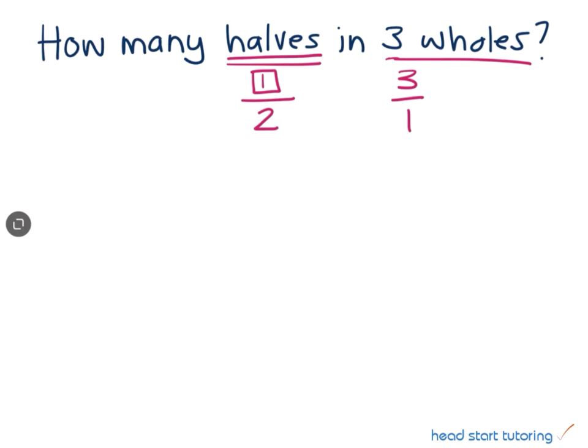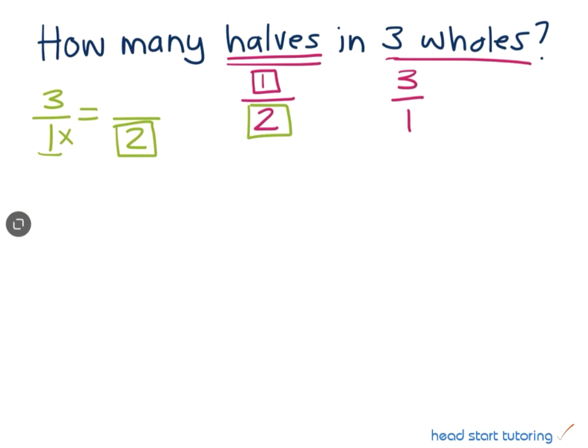So how many halves are there in 3 wholes? What we need to do is consider our 3 wholes, which is 3 over 1. And because we know a half is something out of 2, we just need to make an equivalent fraction, and that should be quite easy for us at this stage. When I'm making an equivalent fraction and I would like my denominator to be 2, I ask, what did I do to my denominator here?